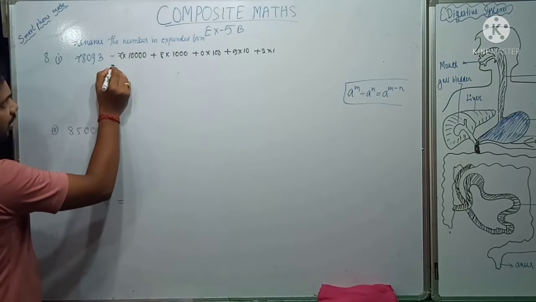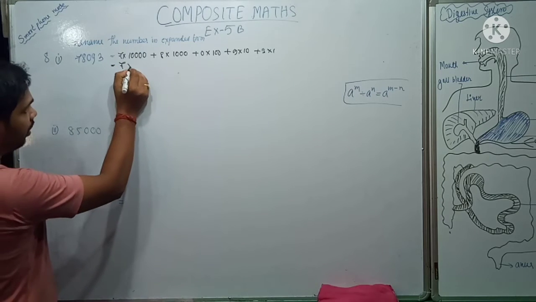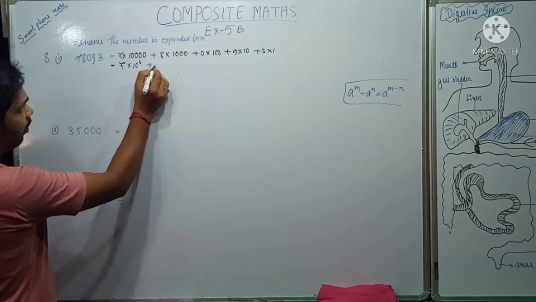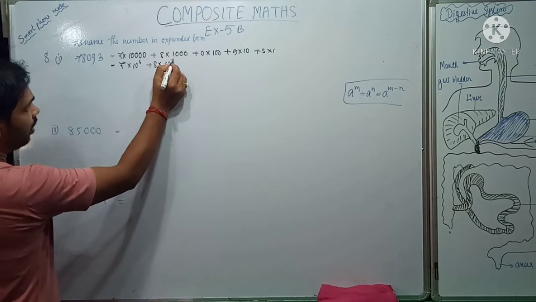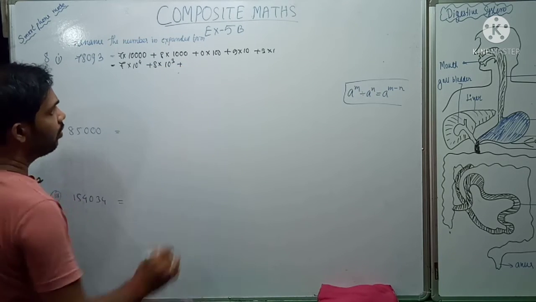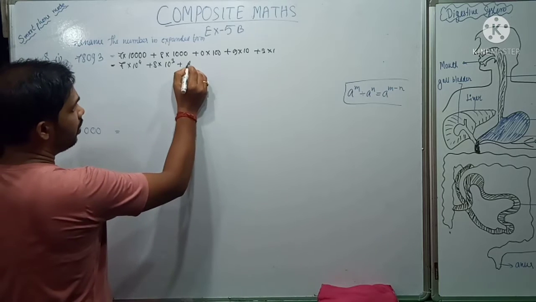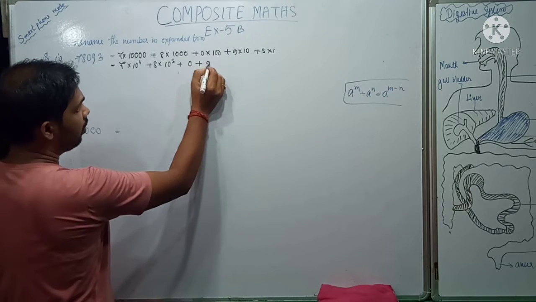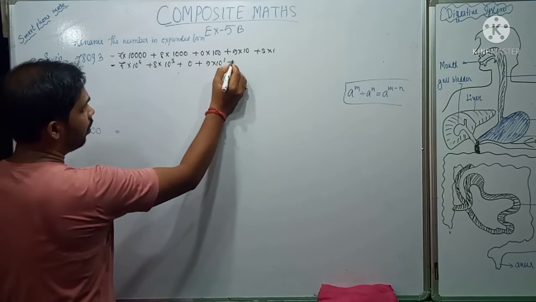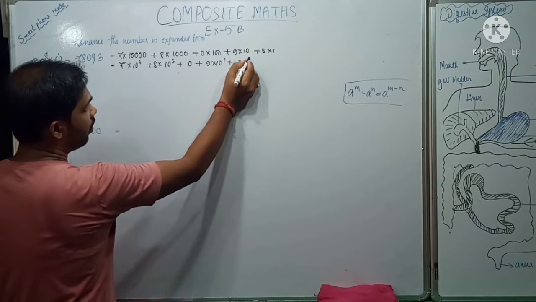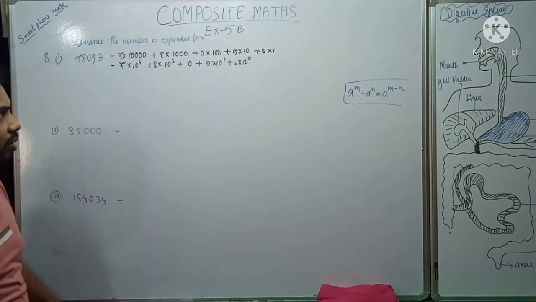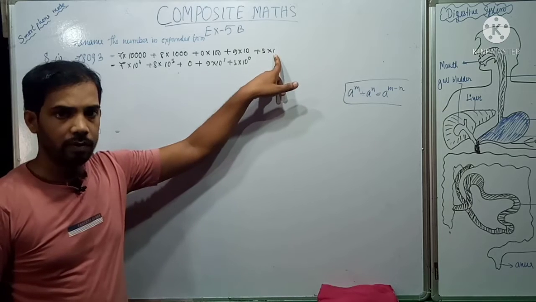So this one can be written as 7 into 10 power 4 plus 8 into 10 power 3 plus 0 into 100 is 0, so we will write 0 plus 9 into 10 power 1 plus 3 into 10 power 0, because 10 power 0 is 1, you know very well.